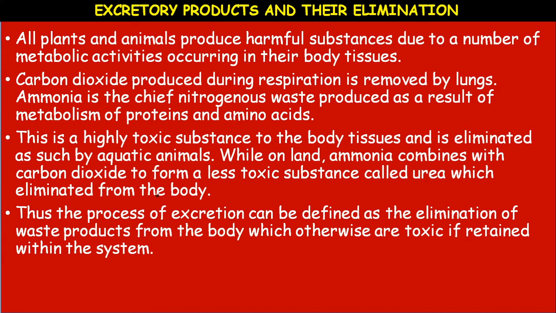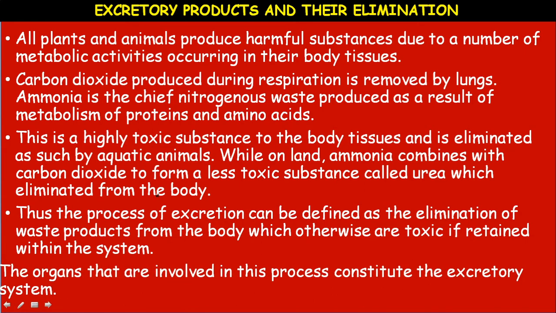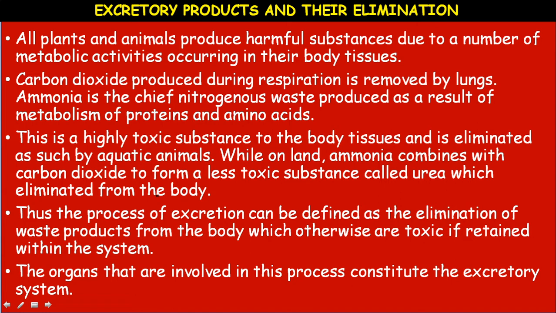The elimination of nitrogenous waste materials from the body is called excretion, and the system which helps in the process of excretion is called excretory system. Okay, children, the organs that are involved in this process together form the excretory system.